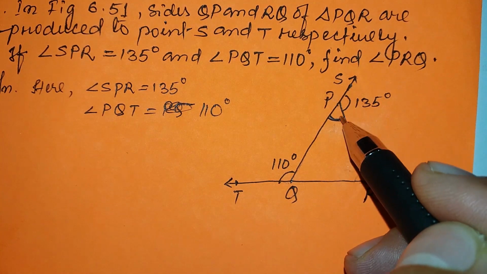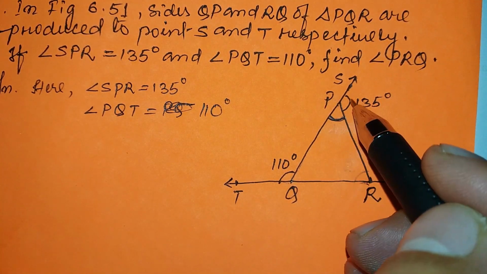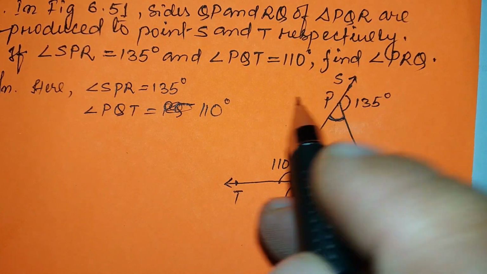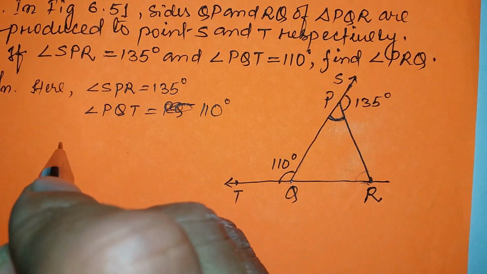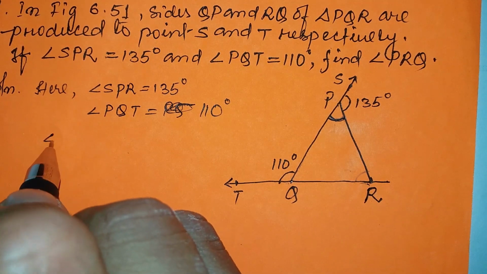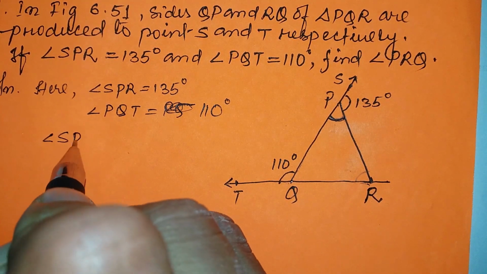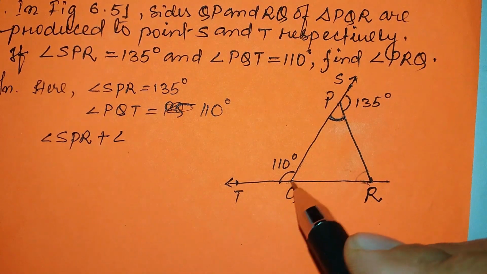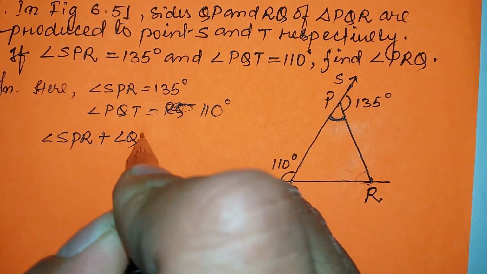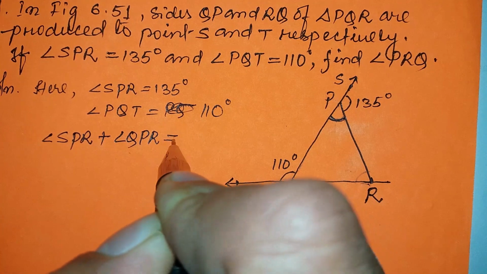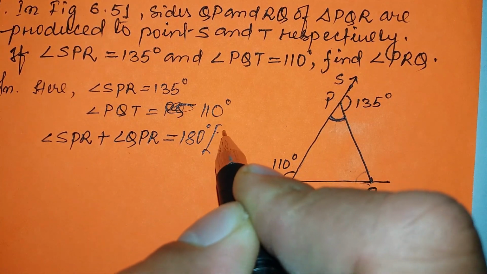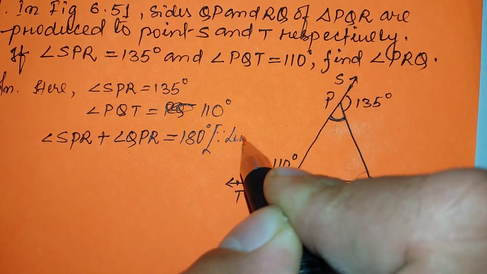The sum of these two angles is 180 degrees because these two angles form a linear pair. Angle SPR plus angle QPR is equal to 180 degrees.